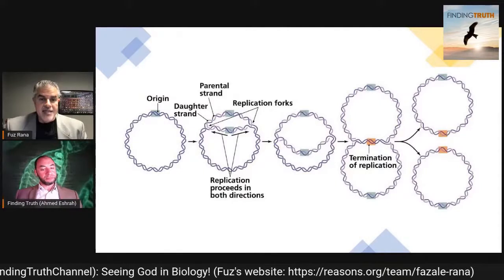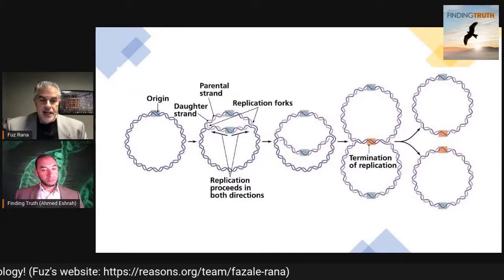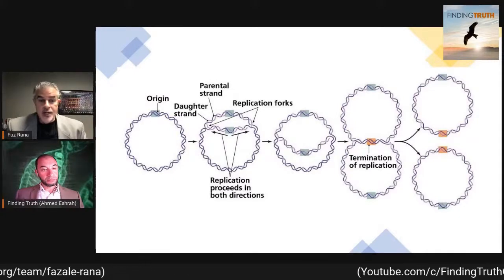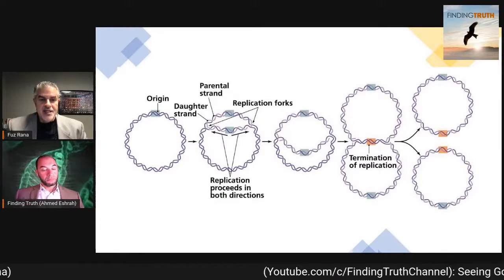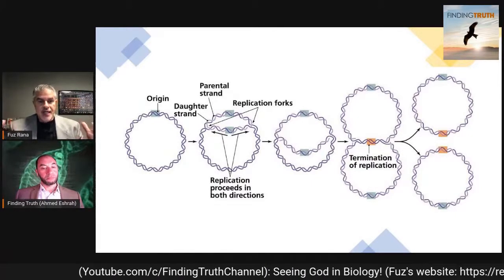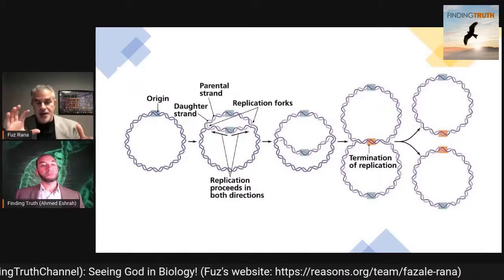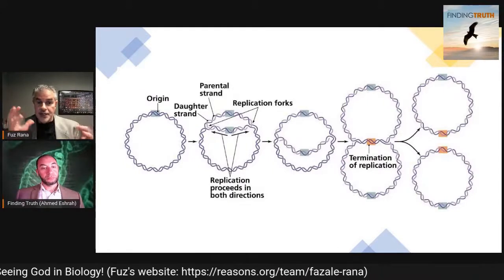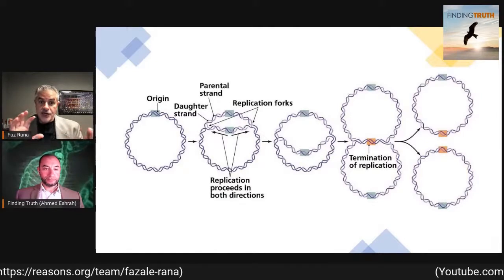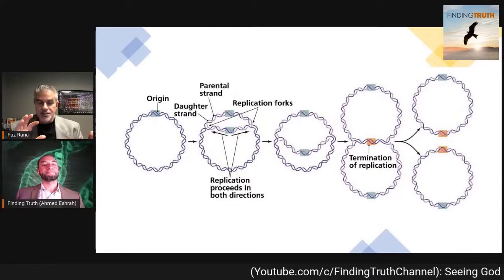Yes, because you could imagine that if the cell's machinery could arbitrarily bind to DNA anywhere and start the replication process, there's no way to regulate it, right? Absolutely. But by having an origin of replication, you can essentially have proteins that are bound to that origin that will initiate the replication, or will wait until you're at the appropriate point in the cell cycle to begin that replication process.